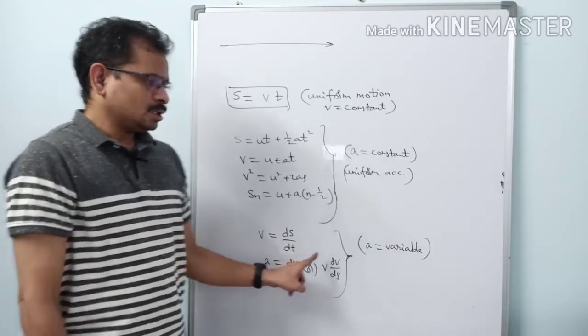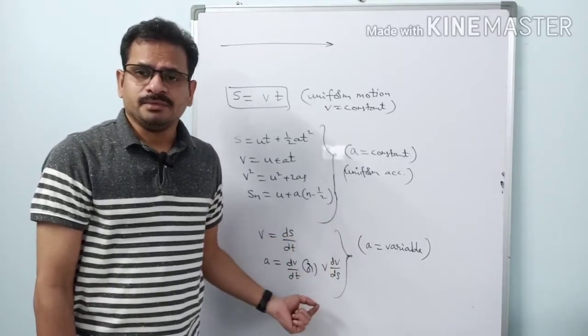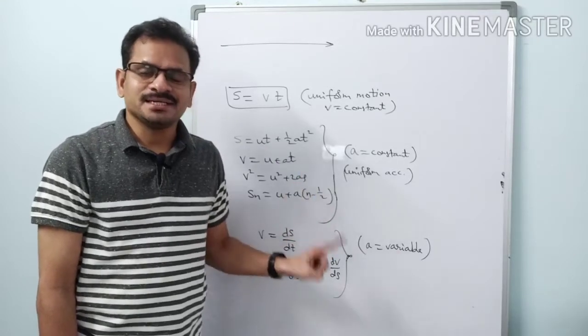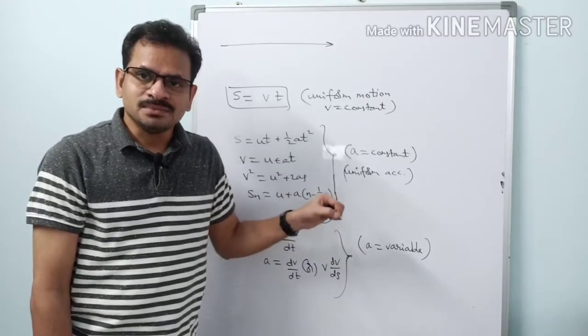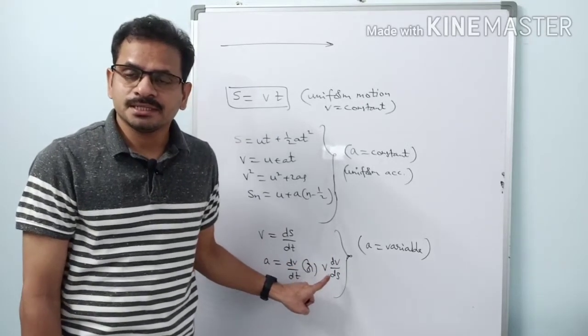And not only that, don't think that only if acceleration is variable can we apply these equations. Even if acceleration is constant, in some scenarios we have to use these equations. In which cases?